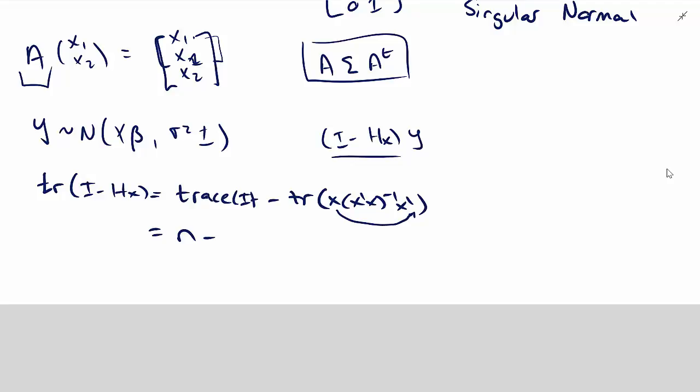So I get the trace of a p by p identity matrix, which is p. So this matrix is n by n, but is of rank n minus p. So we're going to wind up with the same problem, where we have a covariance matrix that's not full rank.